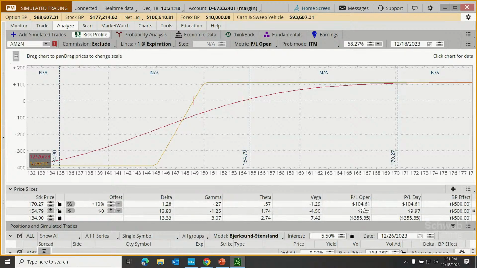Stock goes up 10%, we're up to 104.61 and very close to our maximum gain. If it drops down 10%, we're down 355 bucks and we're very close to our maximum loss. But having these fields here is pretty handy when we start to play with our dates and other variables down below.